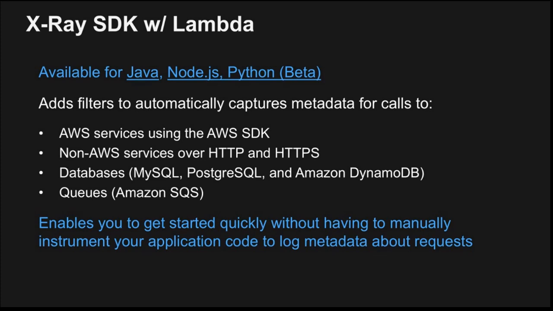Currently, we have support for Java, Node.js, and we just released Python beta support. And you have some capabilities to add filters to automatically capture metadata for those calls. This SDK is available for you to get started quickly without having to instrument your application code.